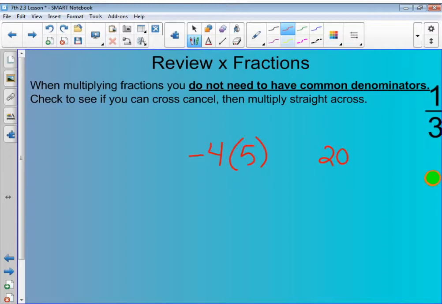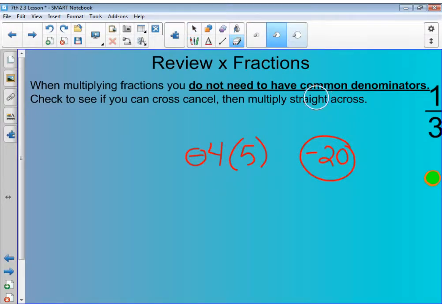And then multiplying and dividing is when we would get to go through and count the number of negative signs. So here there's only one negative sign between the two digits, which means that's an odd number. It makes my answer a -20. So this is when we worked with integers. We're going to use that same concept, only we're going to combine multiplying fractions and counting our negatives to decide if our answer is positive or negative.